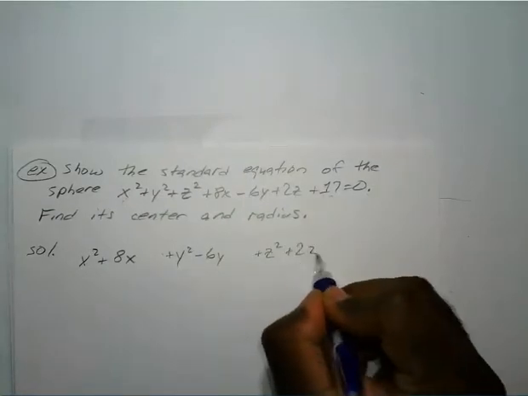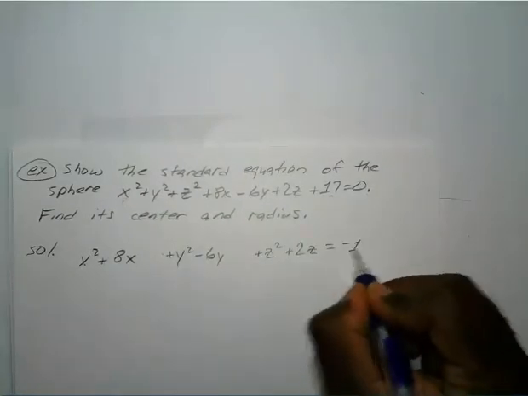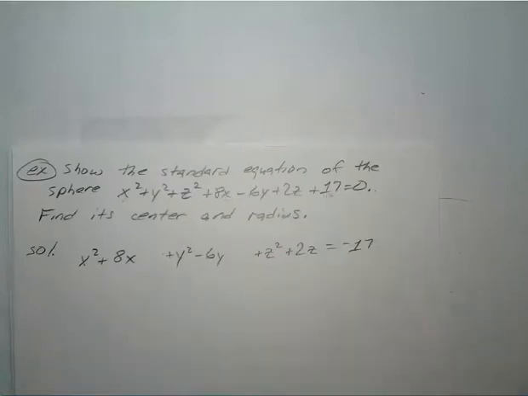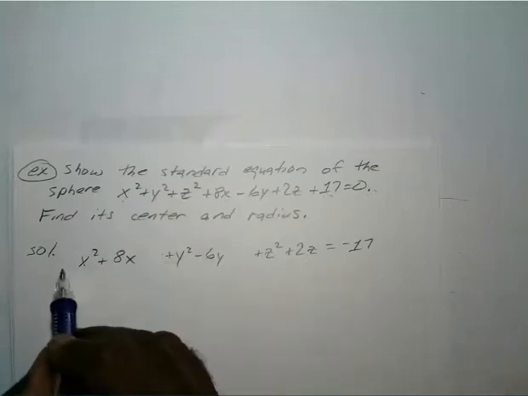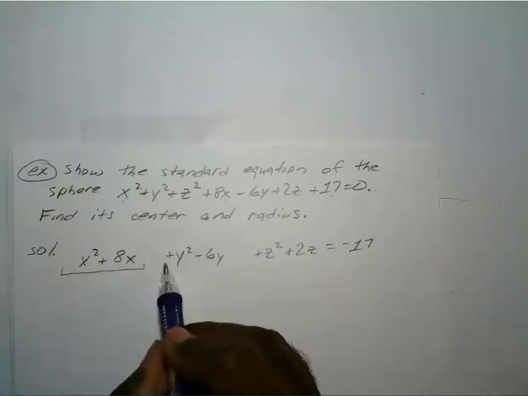Plus 2z equals negative 17 if you subtract 17 from both sides. So all we did was rewrite it. Now why did we give space between each of those? Because for each one of these we're going to complete the square.